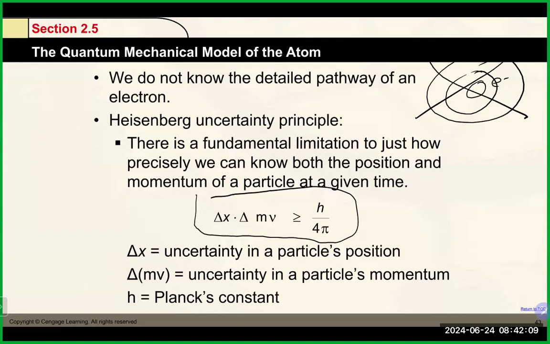So this is the idea of not really being sure where a particle is or how it's moving or how it's getting there. What we're really moving to with Heisenberg's uncertainty principle and what's known as Schrodinger's equations, which we'll talk about in just a second, is the idea that although we may not know exactly where a particle like an electron is at every given moment in time, or how it's moving, there are ways to have an idea of where we could maybe find an electron within the atom.